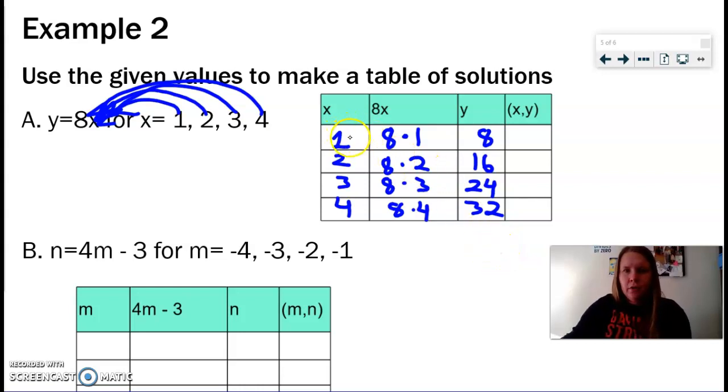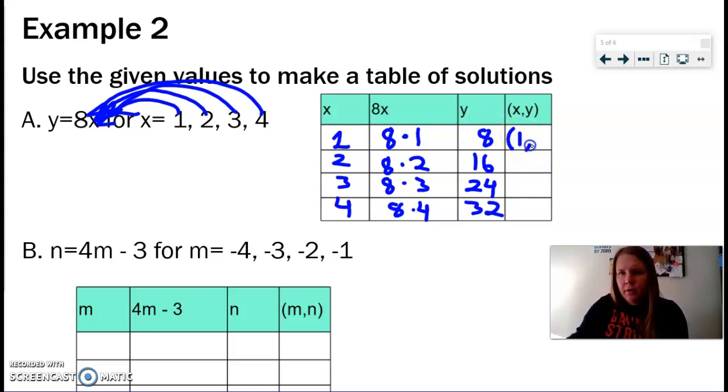Now, if you notice by my graph, I have a column that has x's, I have a column that has y's. So all I'm going to do is match up the x with the y. Going left to right, x is 1, y is 8.